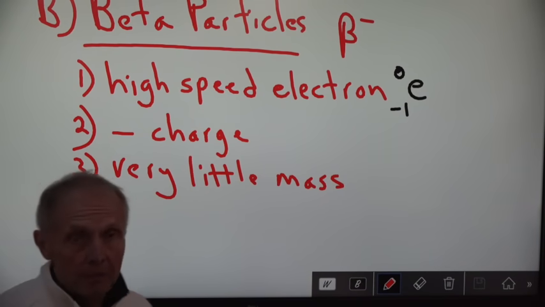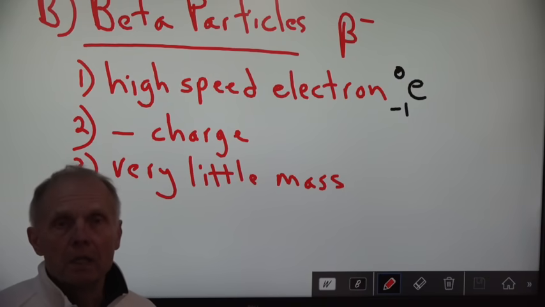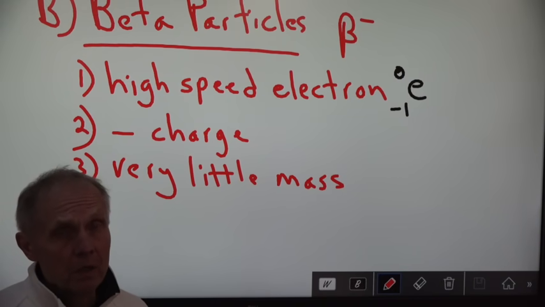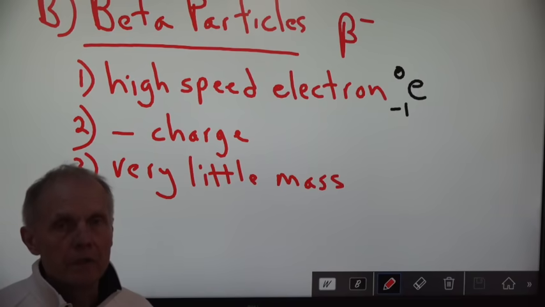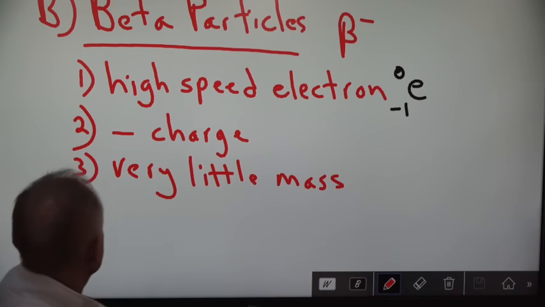Now, cannonballs go very quick, and so their penetrating power is much greater than alpha particles.